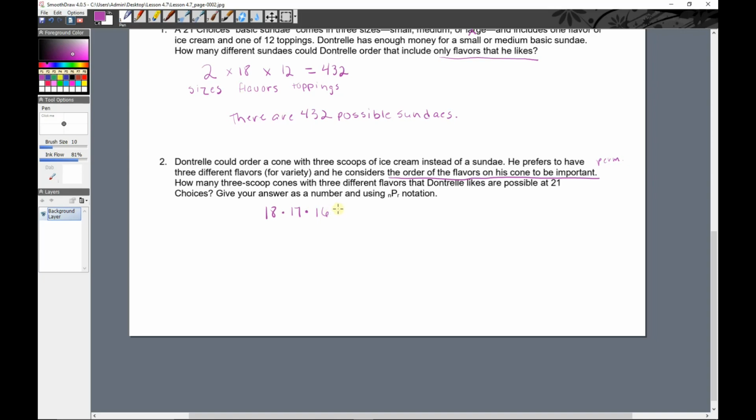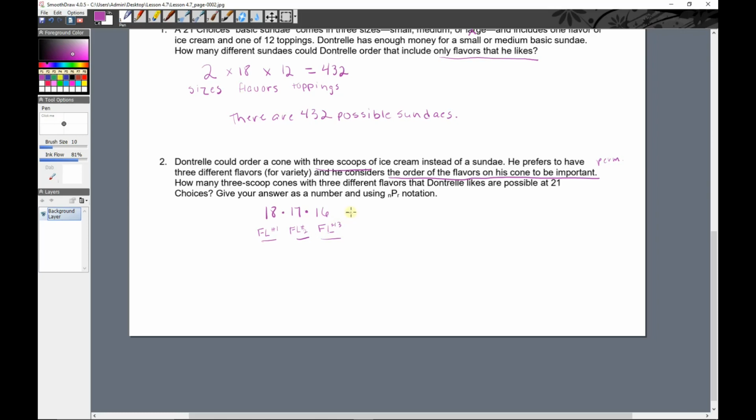And that's as far as it goes, because there are 3 scoops in a cone instead of a sundae. All right? So we'll just call this flavor number 1. Then we'll call this flavor number 2. And this will be flavor number 3.